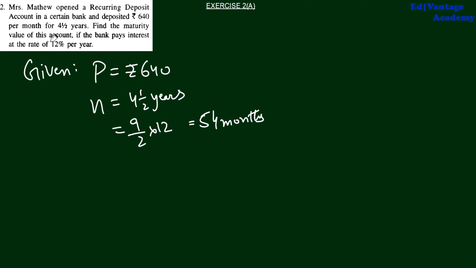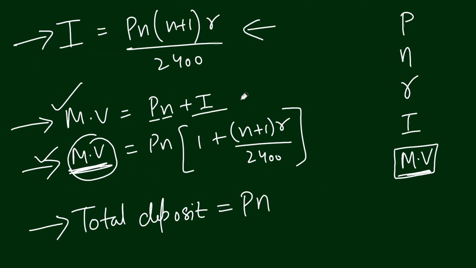Find the maturity value of this account if the bank pays interest. Again, it's the same question as the previous one. Here we have P, N and R and we have to find MV directly; they did not ask us to find interest. So we have two methods to find MV. One is P into N plus I, for which you need to calculate I separately, using P into N plus 1 into R by 2400.